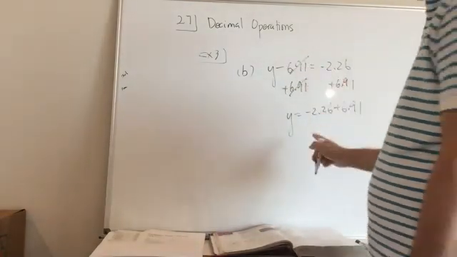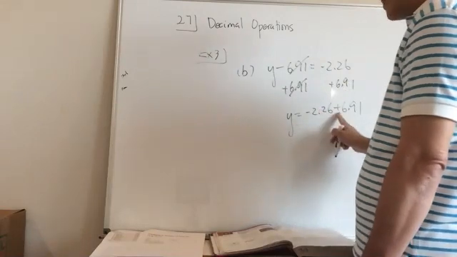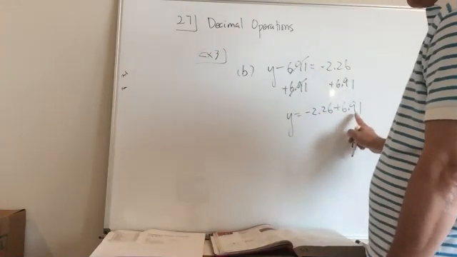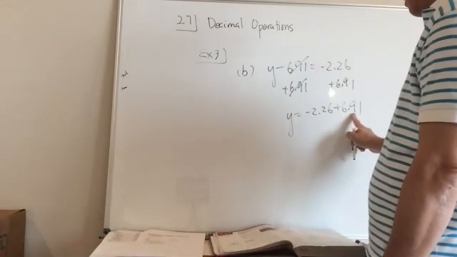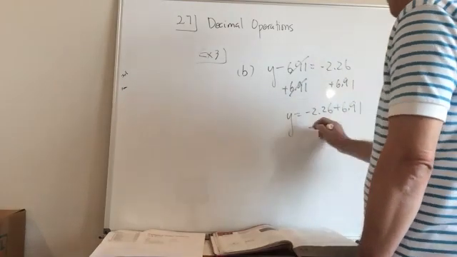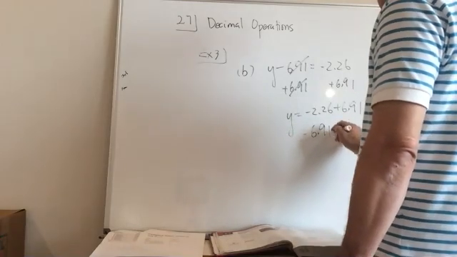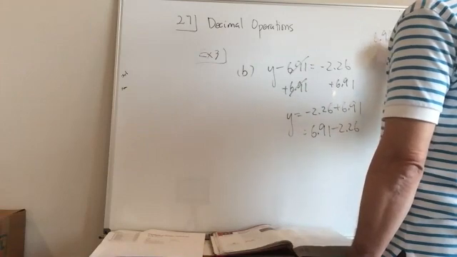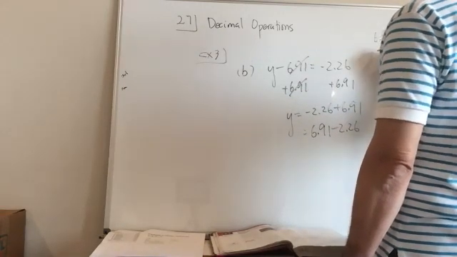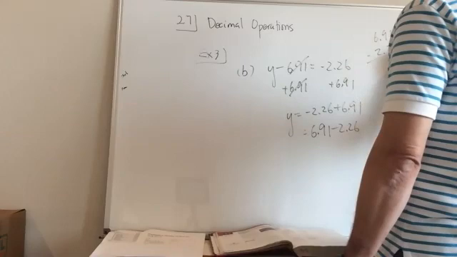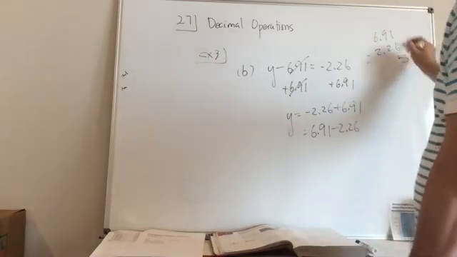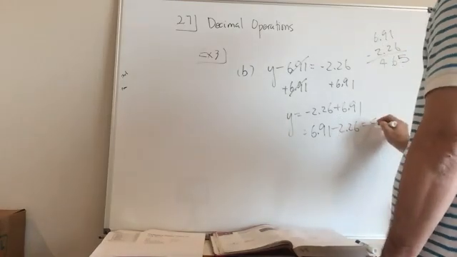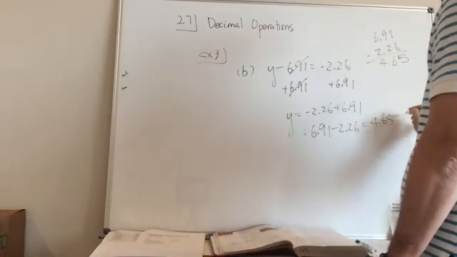Again here, I have a negative number and a positive number. On this one, the positive number is larger, so it's the same as 6.91 minus 2.26. So I'm just subtracting here. This is going to be 4.65.